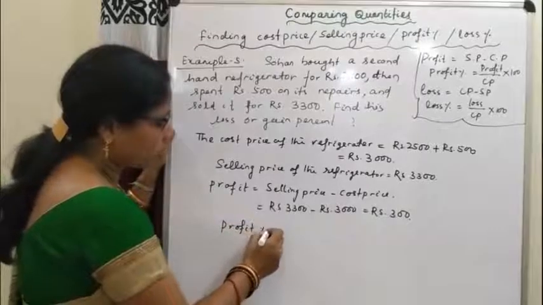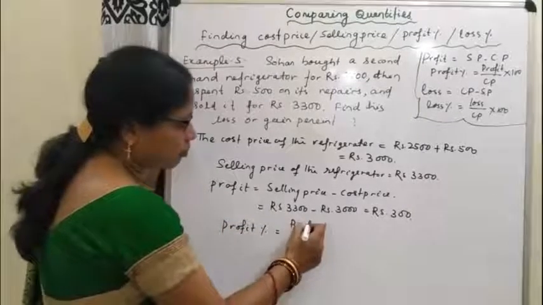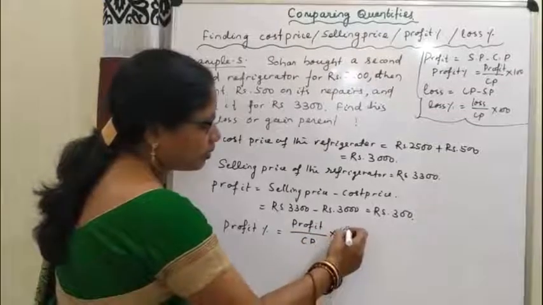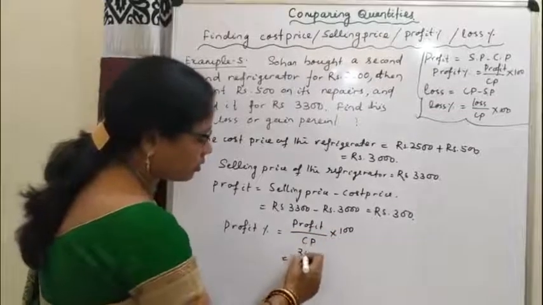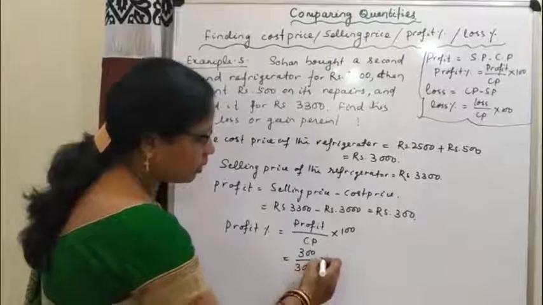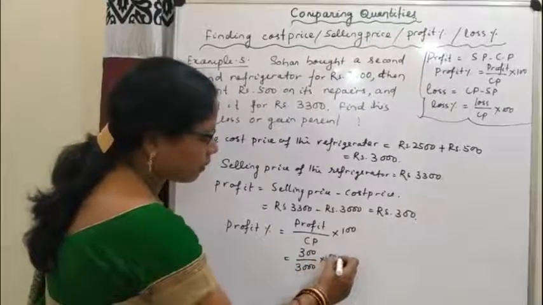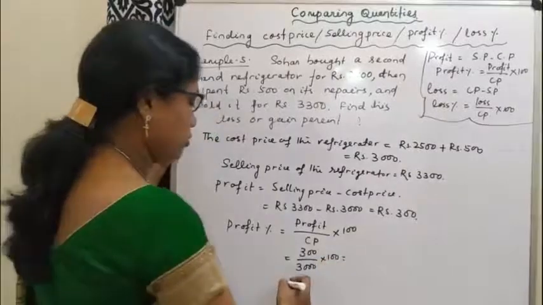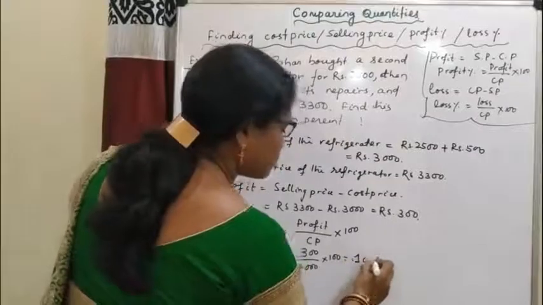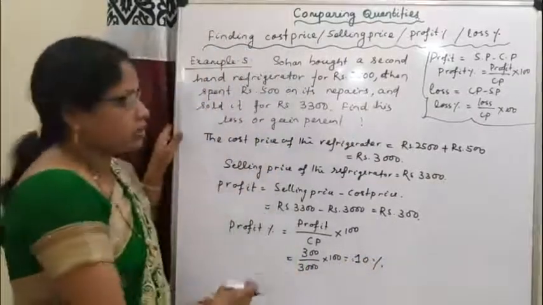So profit percentage is equal to profit by CP multiplied with 100. So this is equal to 300 by CP, which is 3000, into 100. So this is equal to 10%. So profit percentage is 10%.